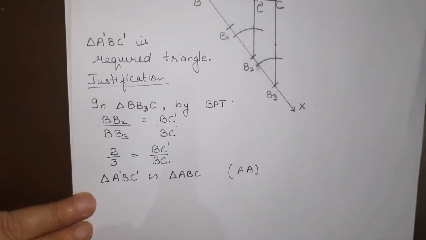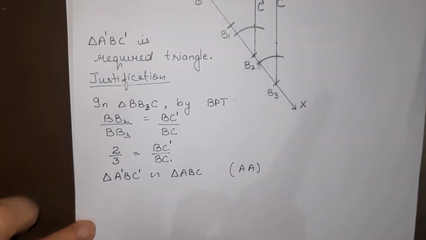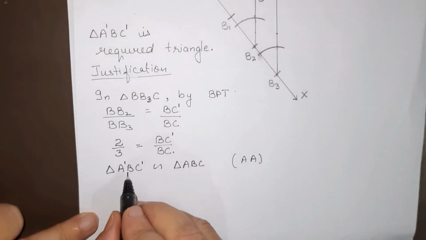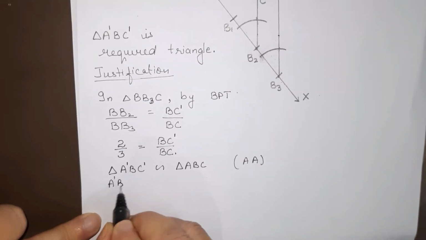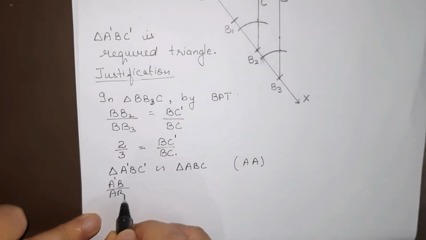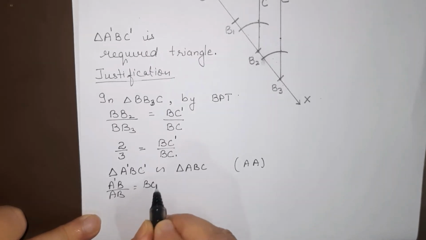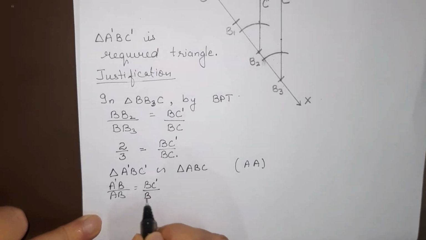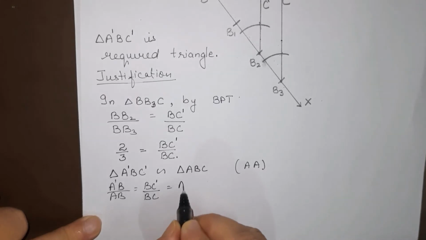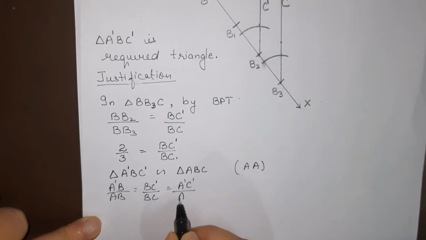Now when two triangles are similar, their corresponding sides are proportional. Let us write their corresponding sides: A dash B over AB, BC dash over BC and A dash C dash over AC.